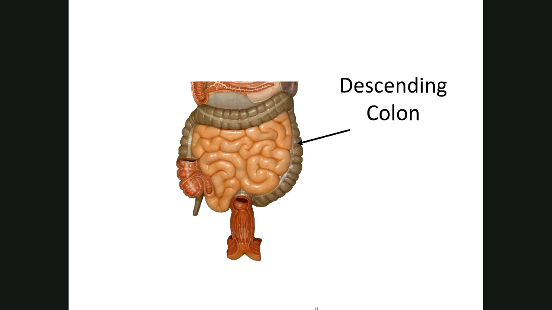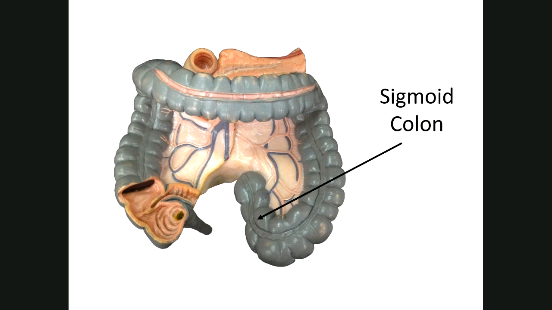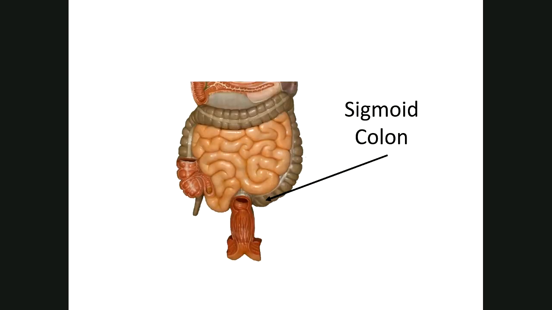We're getting closer to the end here. So now the colon takes a quick curve, and how I remember it, it almost looks like an S. You can't really see it here, but it almost looks like an S. So that part of the colon is called the sigmoid colon because it's going to move back and down into your pelvis there. Okay, sigmoid colon. Here it is on page 86, sigmoid colon right here.